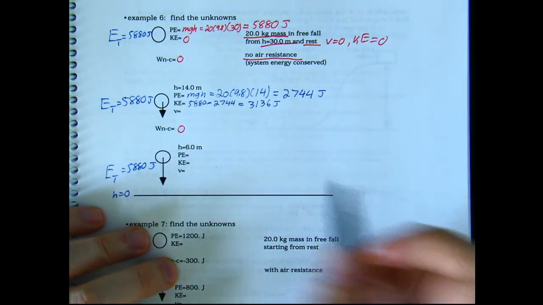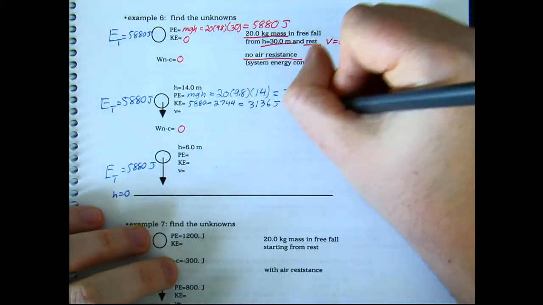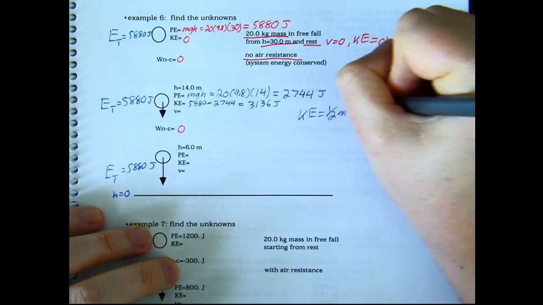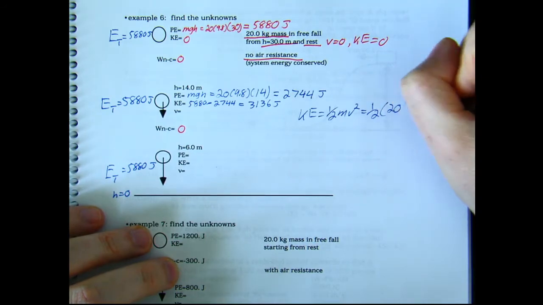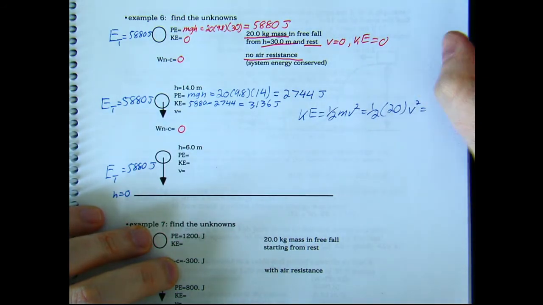Which means how fast is my ball going at this point? Well, that's relatively easy to find out. We know kinetic energy is given to us by 1/2 mv squared. So it's going to be 1/2 times 20 v squared equals 3,136.